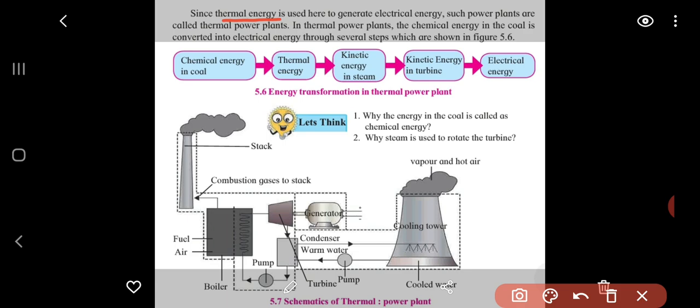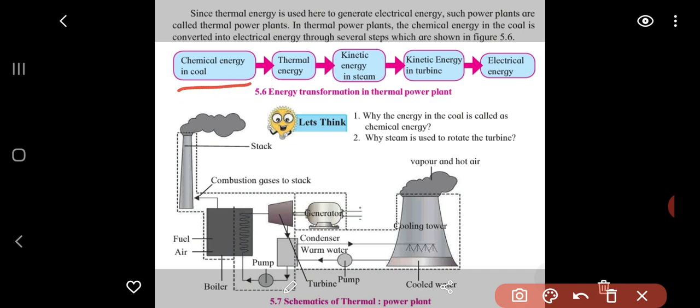And in thermal power plants, the chemical energy in the coal is converted into electrical energy. Coal contains chemical energy, it's a form of carbon, right? And that chemical energy is converted into electrical energy through several steps, as you can see in the flow chart given over here.